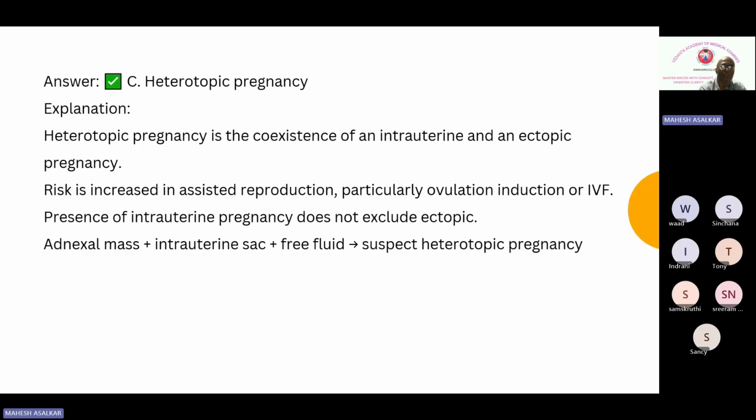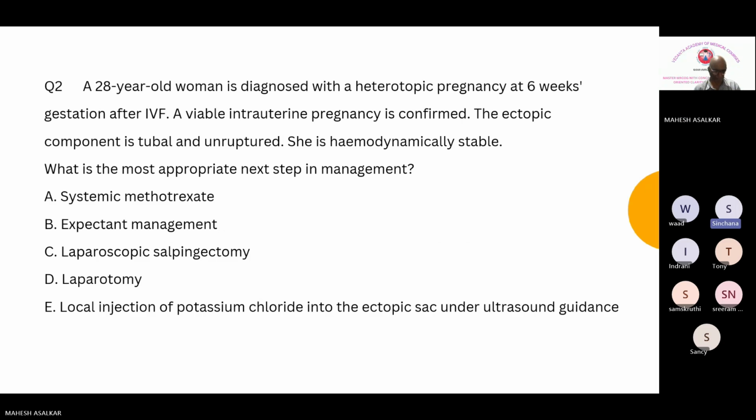Next question, Dr. Sinchana. A 28-year-old woman is diagnosed with heterotopic pregnancy at 6 weeks gestation after IVF. A viable intrauterine pregnancy is confirmed. The ectopic component is tubal and unruptured. She is hemodynamically stable. What is the most appropriate next step in management? A. Systemic methotrexate. B. Expectant management. C. Laparoscopic salpingectomy.